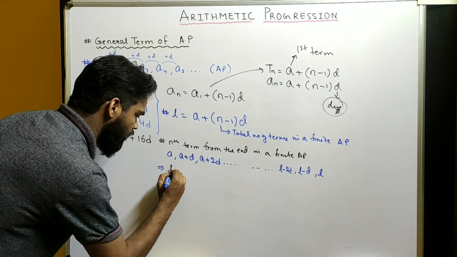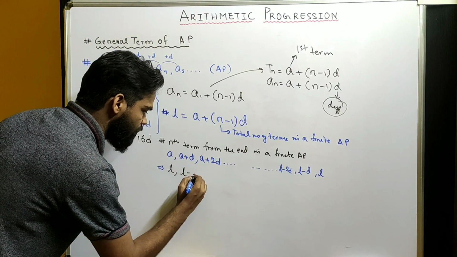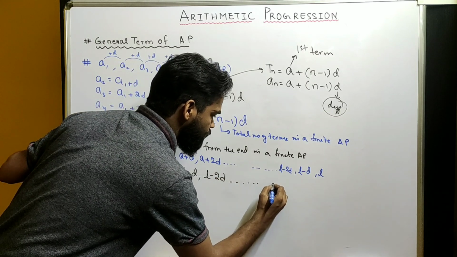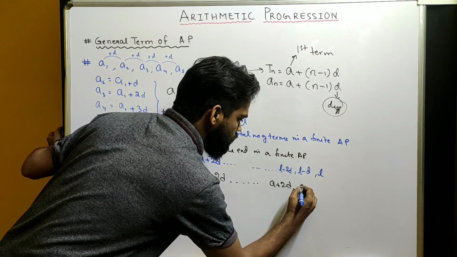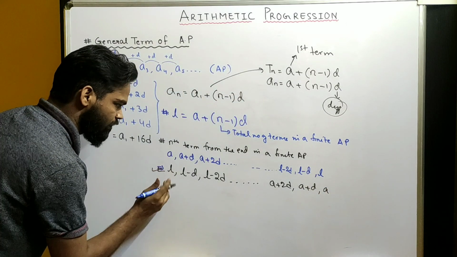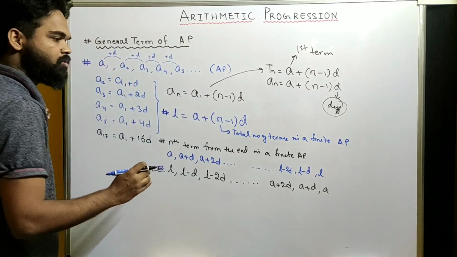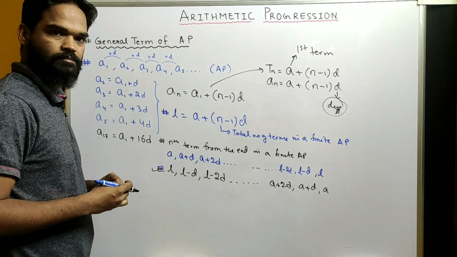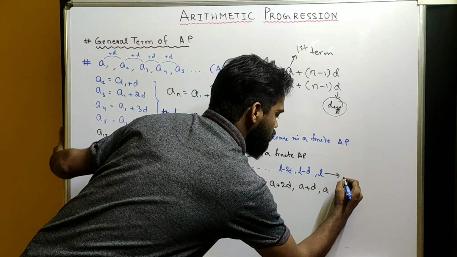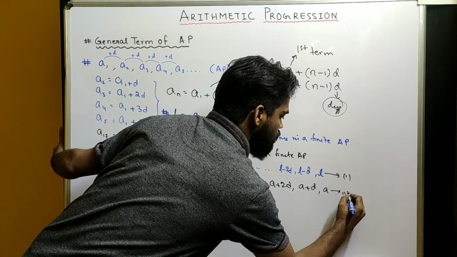Now if I write this in reverse, what I'll get is l, l minus d, l minus 2d, and so on, up to a plus 2d, a plus d, a. And if you look carefully, these are also in AP. Suppose this is your 1, this is your 2.